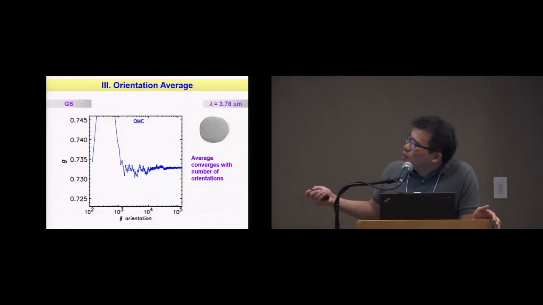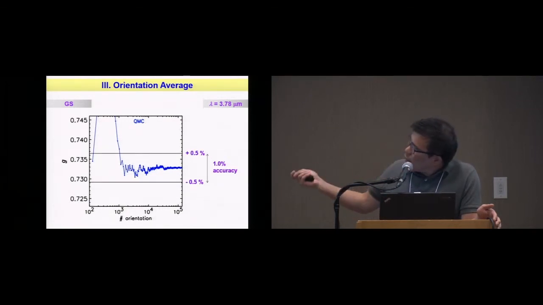Let's see, this one is the asymmetry parameter of Gaussian random spheres, and this one is the number of orientations. As the number of orientations increased, this asymmetry parameter converges, and then we put the plus minus 0.5% line here.